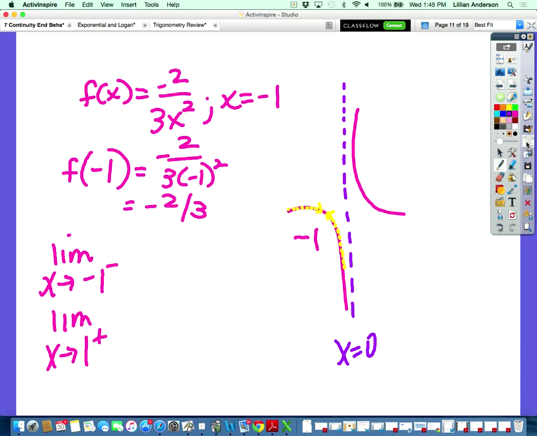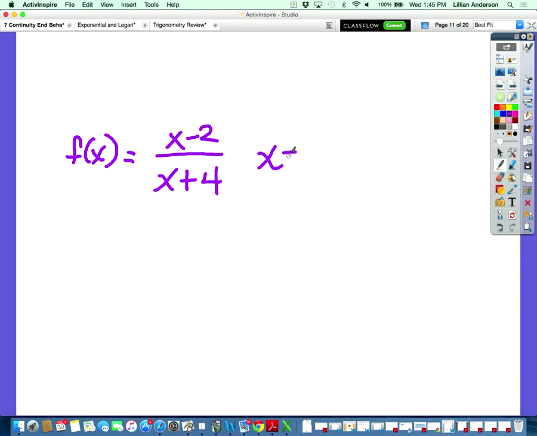Look at number 2. What was number 2? That was x equals what? So you had to figure out if it was continuous at x equals -4. First off, what type of function is this? Reciprocal, so you definitely have to check. When I plug in -4, that's the first test to figure out if something is continuous. I get -6 over 0.